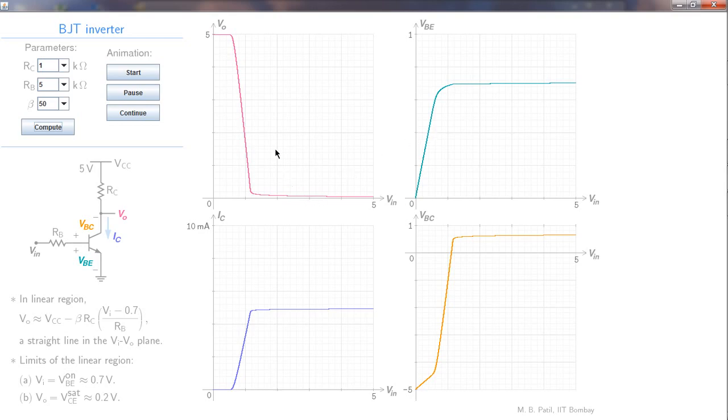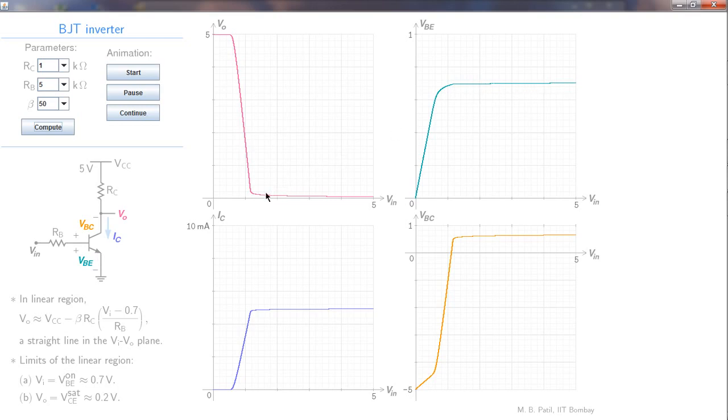And at this point, the transistor enters the linear region. The base emitter junction is sufficiently forward biased. So this voltage drop is going to be something like 0.6 to 0.75 volts once the transistor starts conducting. So that is what we see over here.